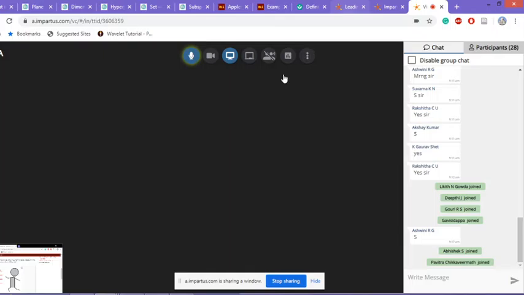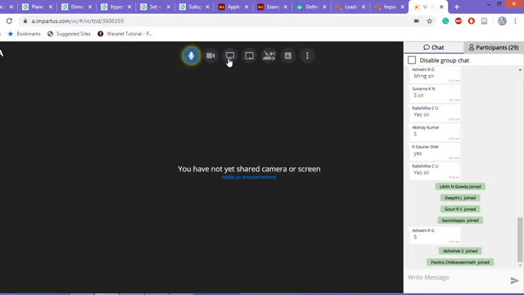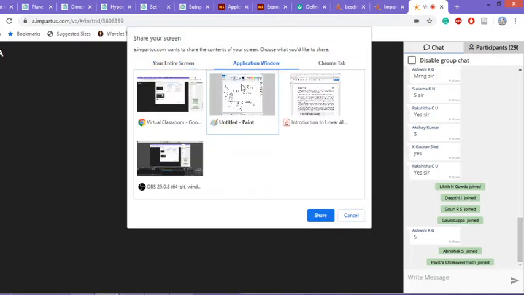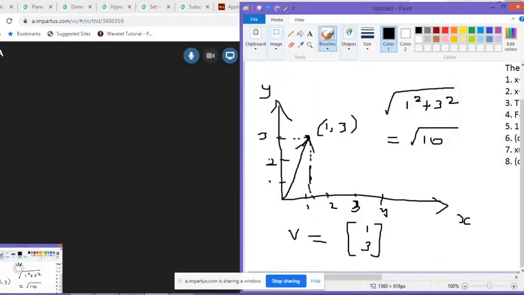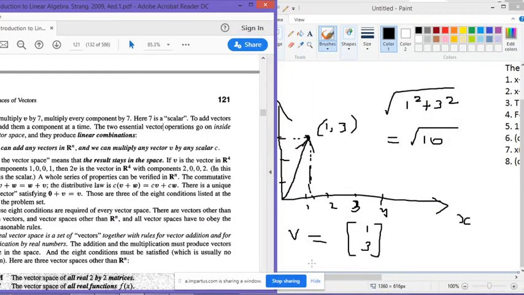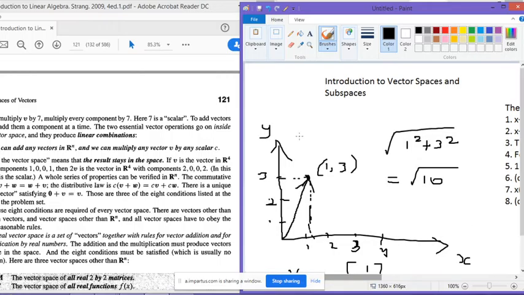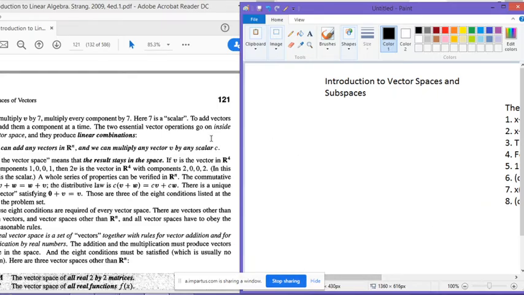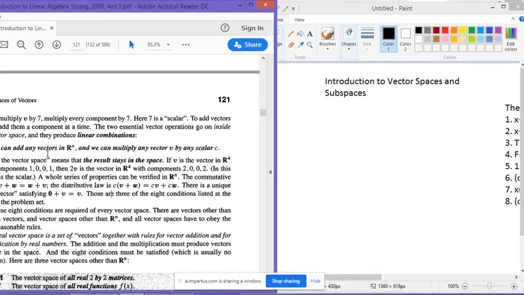Okay, so now let us switch back to our screen here. Vectors and their spaces should satisfy the 8 rules. So I'll just clear this. We can add any vectors in R^n and we can multiply any vector v by any scalar c.